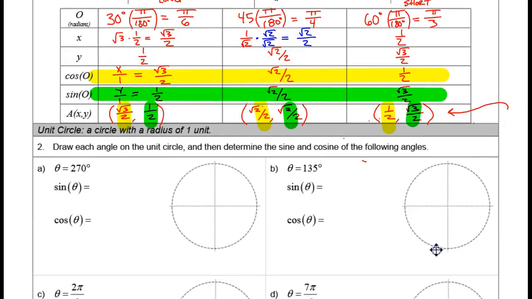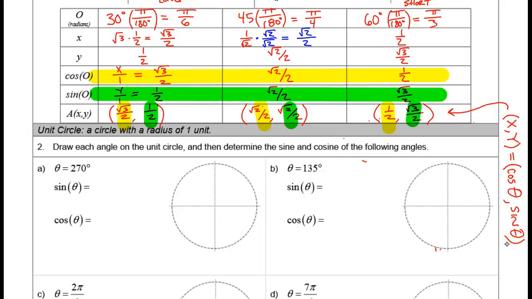Our x comma y values for an ordered pair of a point on the unit circle are equal to cosine of the central angle, comma sine of the central angle.